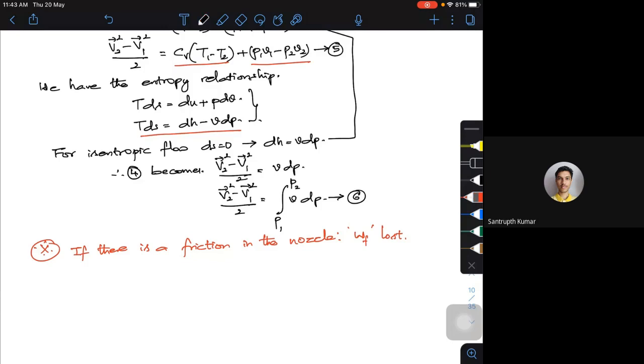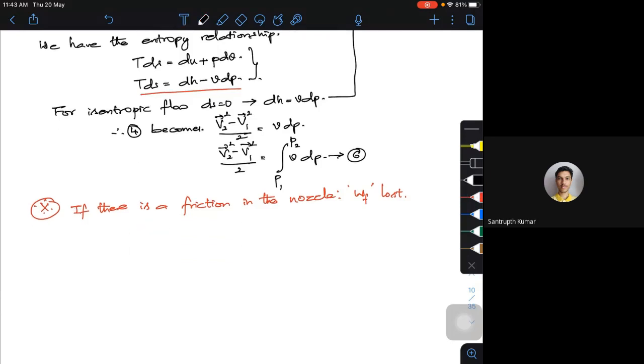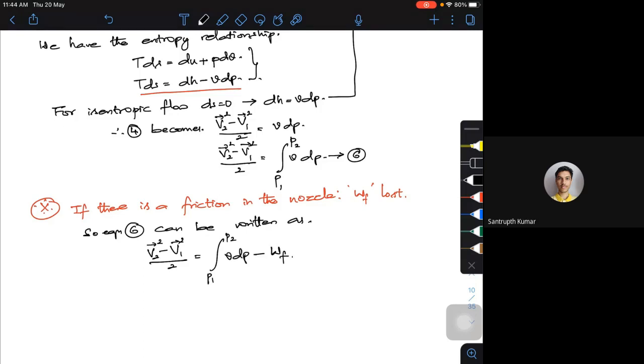So what should I do actually? I can write this equation 6. Equation 6 can be modified as, if there is a friction (for an ideal flow it's not a problem), (V2 square minus V1 square) by 2 is equal to integral from P1 to P2 of VdP minus work loss due to friction.